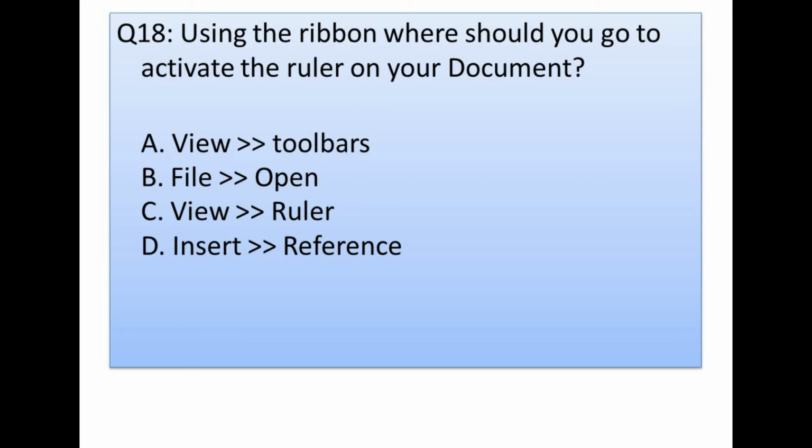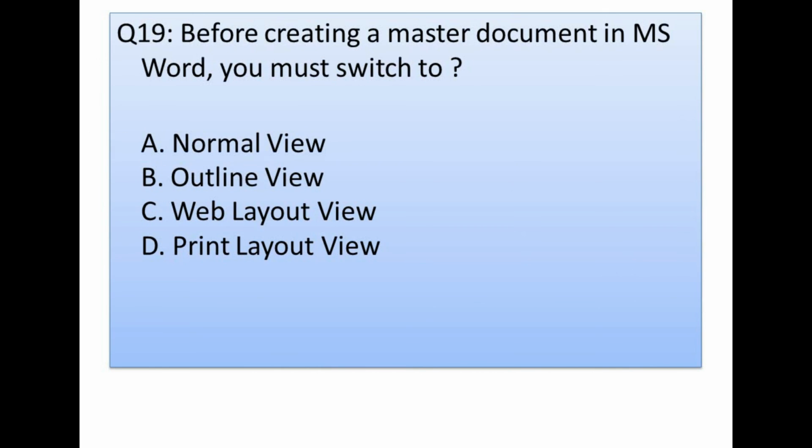Using the ribbon, where should you go to activate the ruler on your document? View, toolbars, File then Open, File then Ruler, Insert then Reference. Correct option is C. Before creating a master document in MS Word, you must switch to Normal view, Outline view, Web Layout view, Print Layout view.